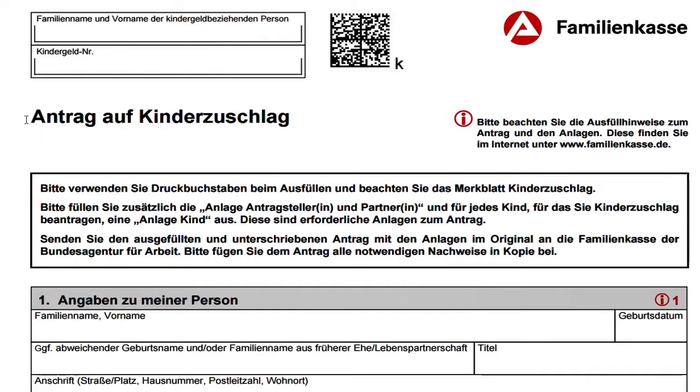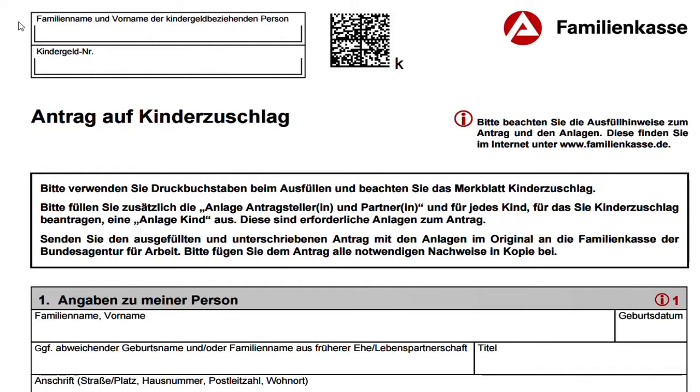Anyways, now I would like to explain for you how you can fill in this form. As I explained in my previous video, only those who already receive child benefit or Kindergeld can apply for Kinderzuschlag or child allowance. And if they meet the requirements, they can also get the child allowance.